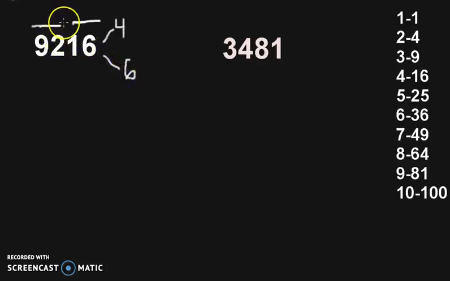Okay, and then with this number 92, you're going to see what 2 square roots it's in the middle of. So it's 92, and it would be in the middle of the square root of 9 and the square root of 10.